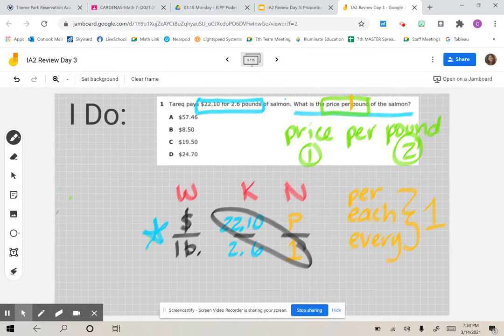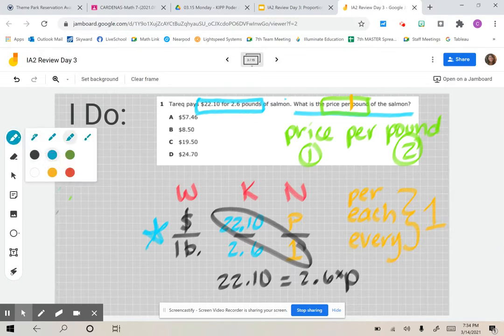So $22.10 times 1 is $22.10. And 2.6 times P, I don't know what P is, so I'm going to just write it here. 2.6 times P, be very careful, this is a multiplication sign. And so since we don't know what 2.6 has to multiply to get $22.10, we need to work backwards and divide both sides by 2.6.